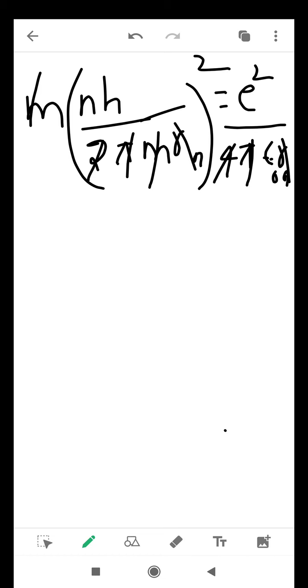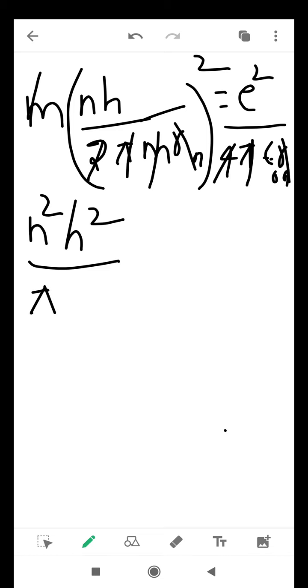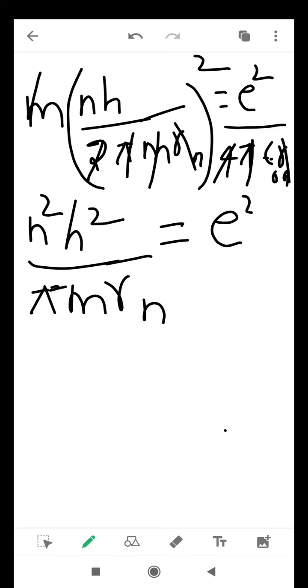Let us check what we are left with: n square h square divided by pi m and Rn is equal to e square divided by epsilon naught.